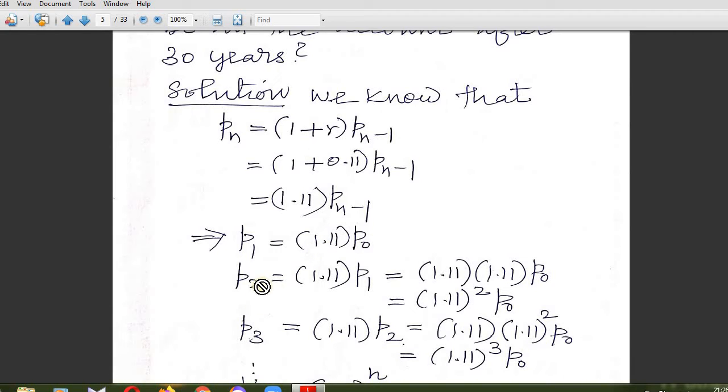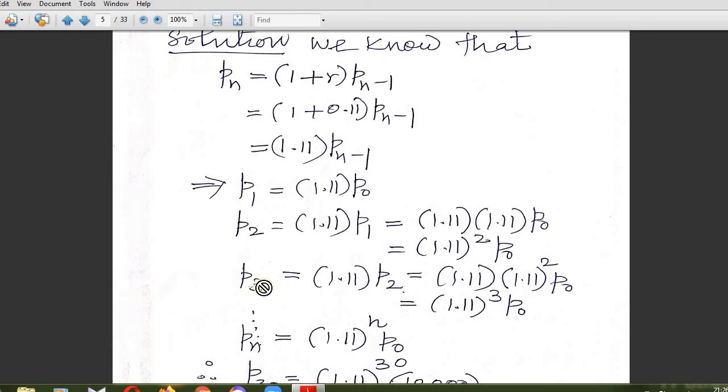The second year total amount equals 1.11 into its previous amount P1. P1 we already know equals 1.11 P0. Therefore in the place of P1 we can substitute this to get 1.11 into 1.11 into P0.